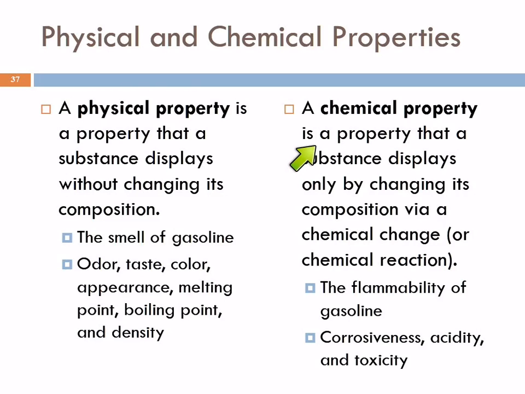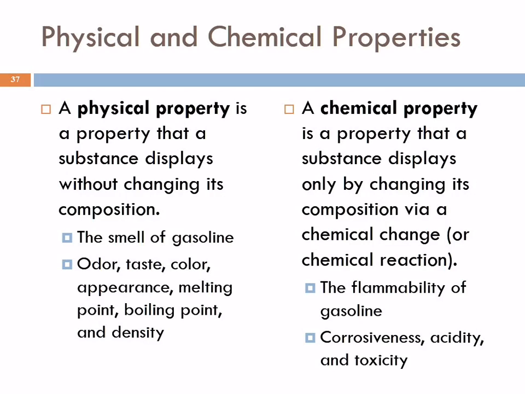A chemical property is one that the substance only displays when it changes its composition. So these are going to be chemical changes, also known as chemical reactions. So gasoline is flammable. When you smell gasoline, and I don't encourage you to do that very often, the particles are still gasoline.